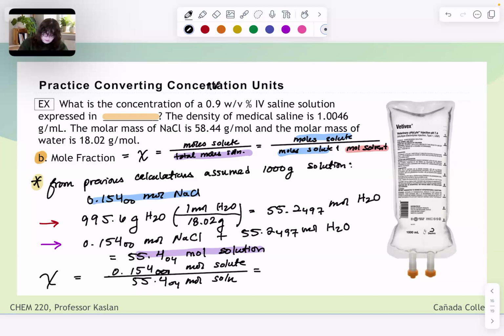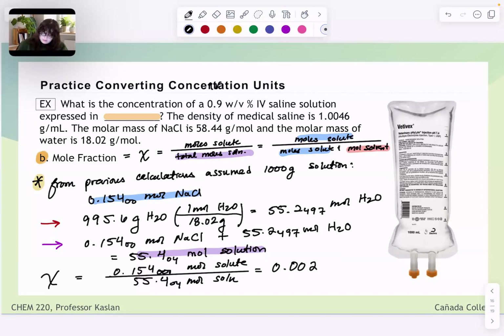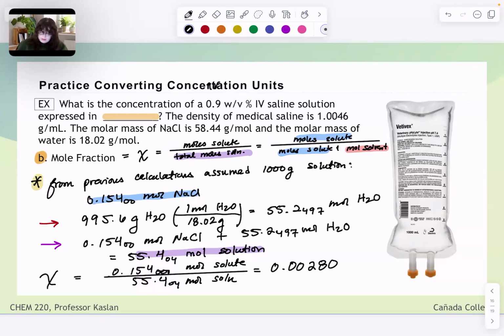So I'm going to divide, and check this for yourself, but I get a mole fraction of 0.00279, or rounding to the correct sig figs, this would be 0.00280. And mole fractions, notice it's mole over mole, are dimensionless. So this would be our answer. This would be our result.